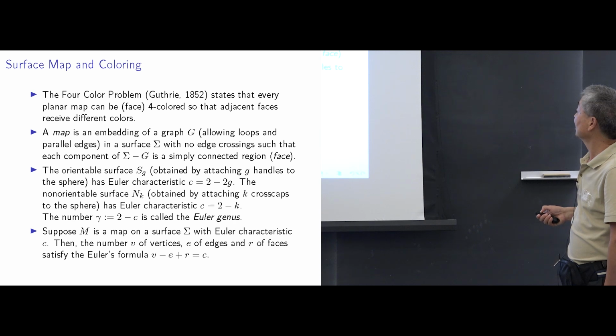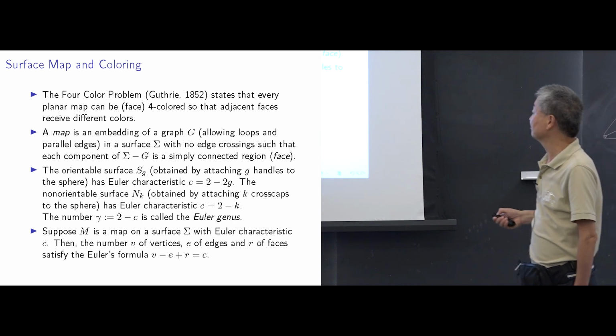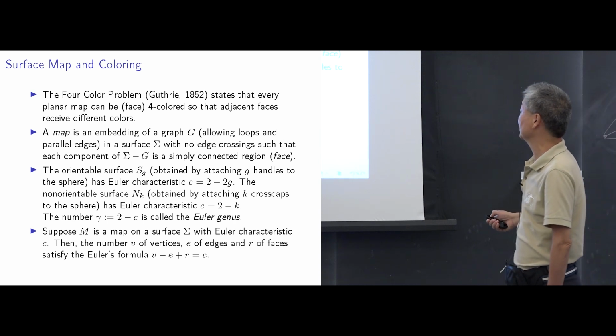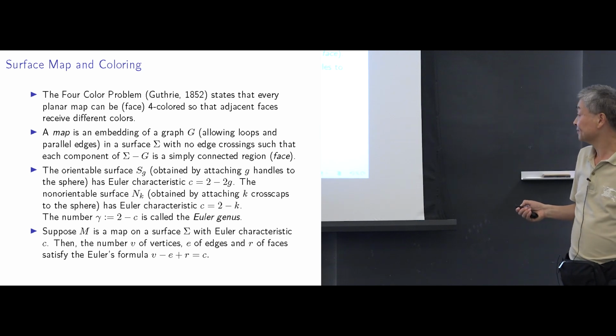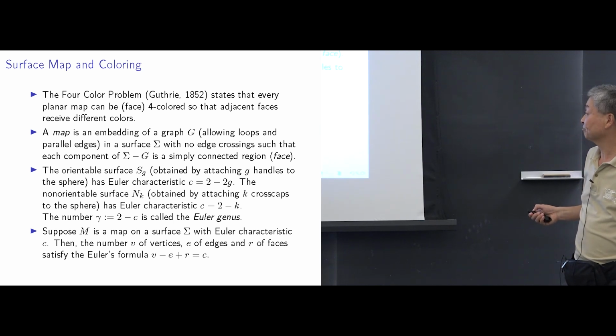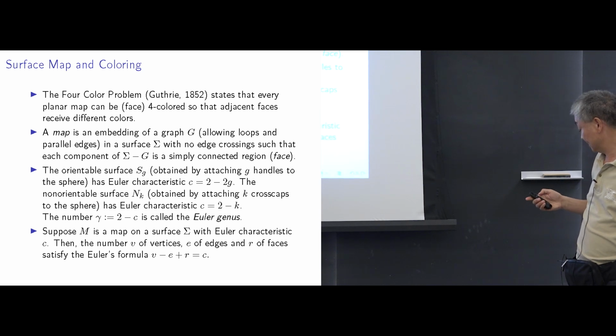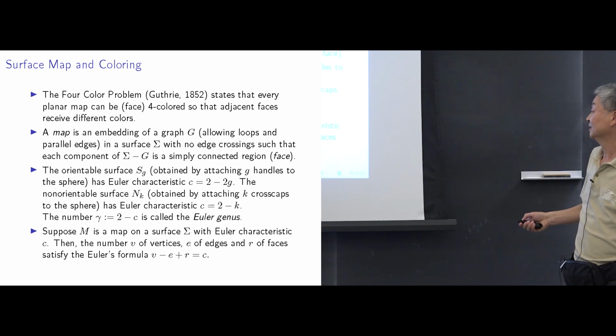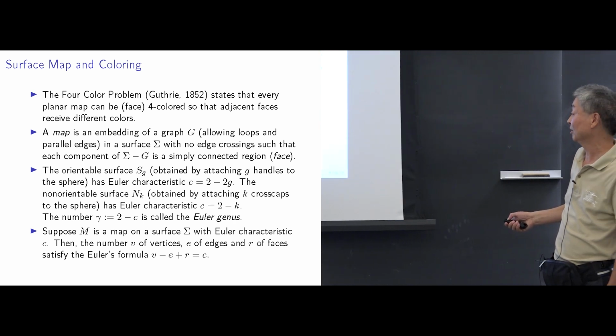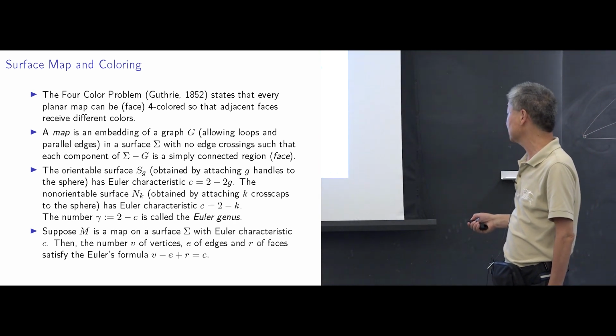And maybe I should mention here, define the so-called Euler characteristic, right? See here. So for any map, we have this. If a map has V vertices, E edges, and R faces, or sometimes called regions, then V minus E plus R is a constant called the Euler characteristic.